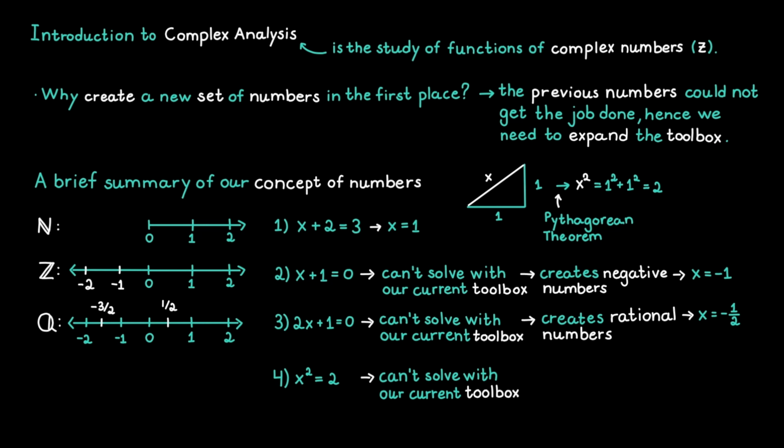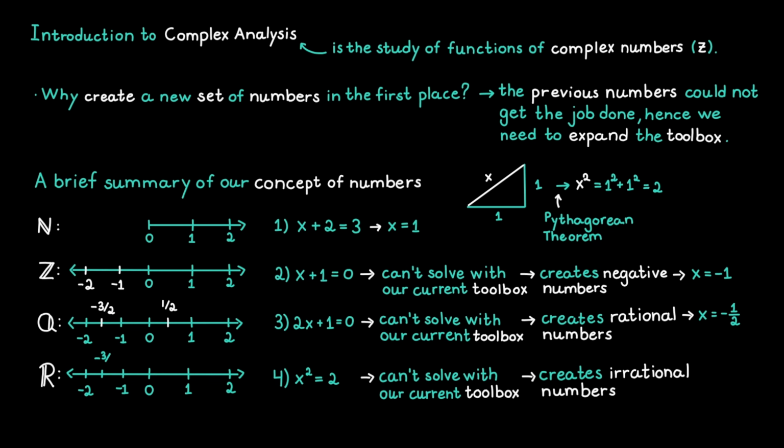So we once again had to invent some new numbers to be able to solve it. And that is why we created the irrational numbers. And by taking our old numbers, the rational numbers, and then adding the new ones, the irrational numbers, like the square root of 2 and the number e, for example, we get a new set of numbers called the real numbers. And by using these numbers, we were able to solve the problems that we couldn't before.